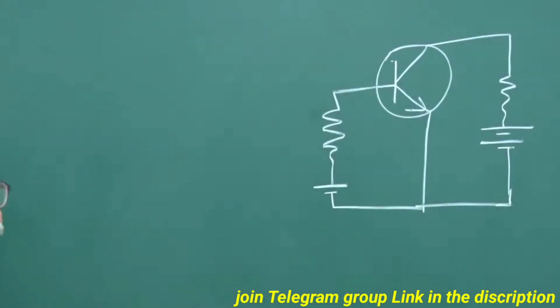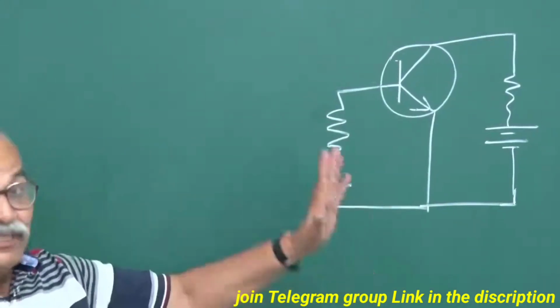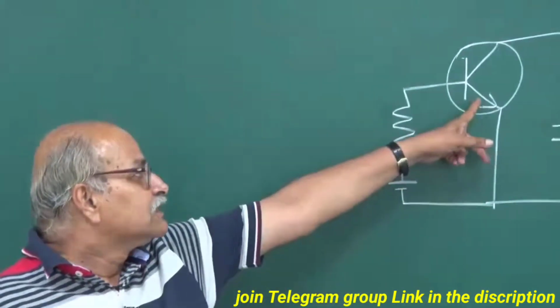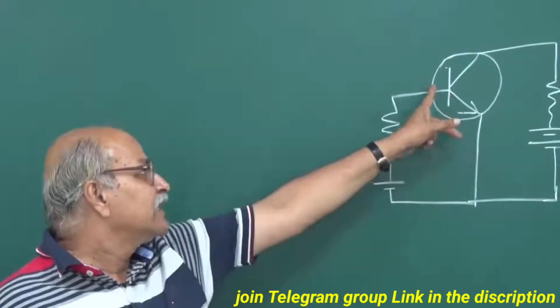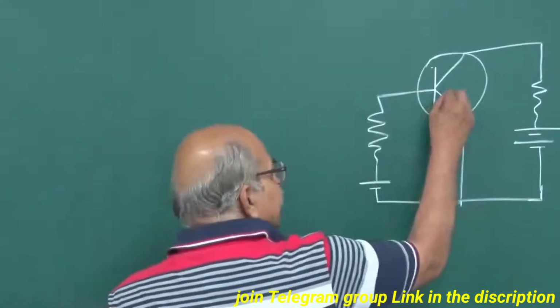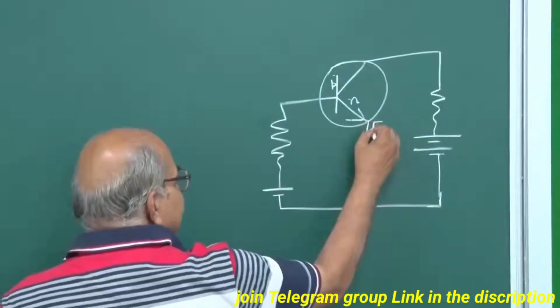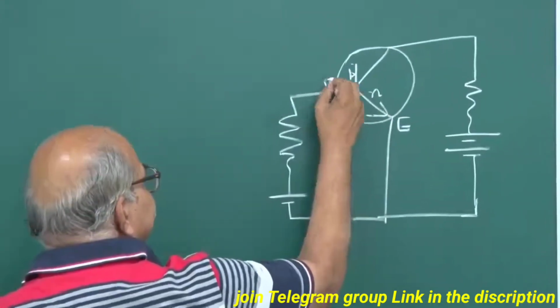Now, what happens? This is the most important physics involved. This emitter and this base, this N here and this P here, this is emitter and this is base.